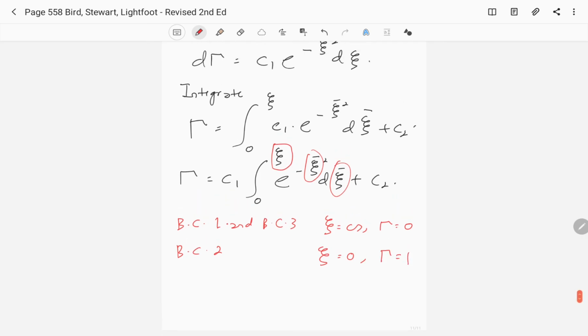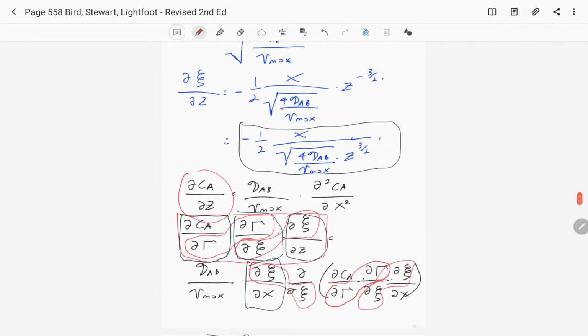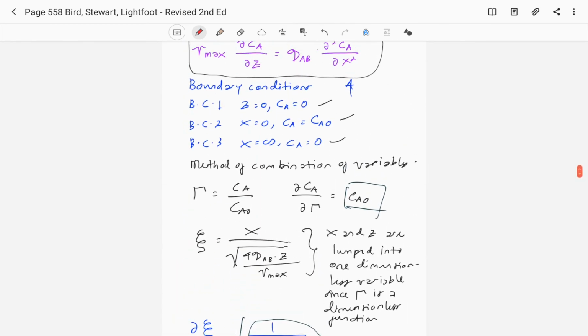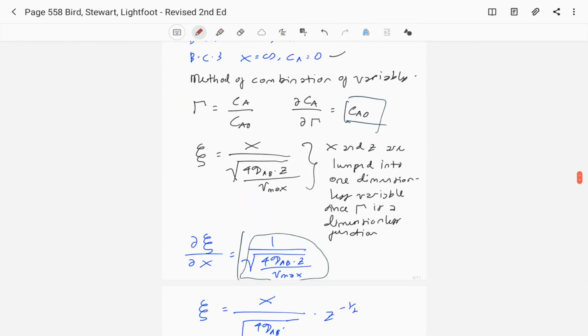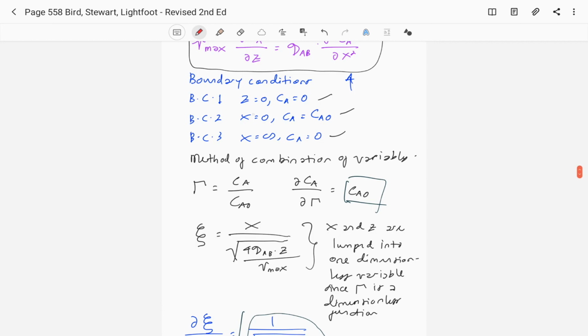Okay, you may want to go and look back into your original boundary conditions. So at z equals 0, then your CA equal 0. So when your z equals 0, then these variables in here will be infinite.